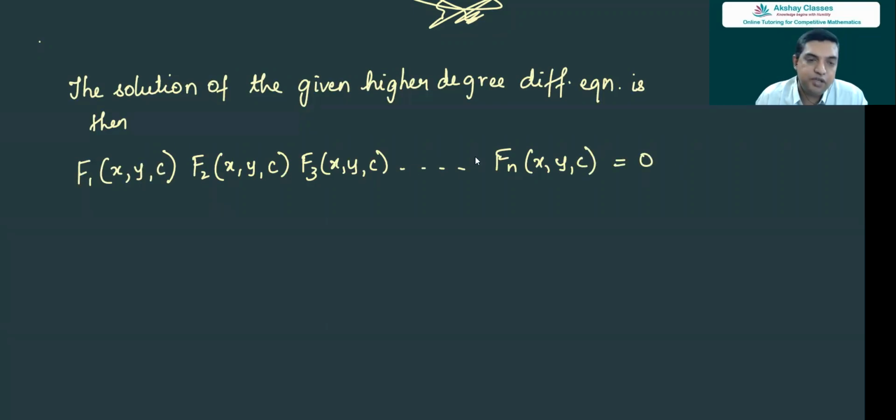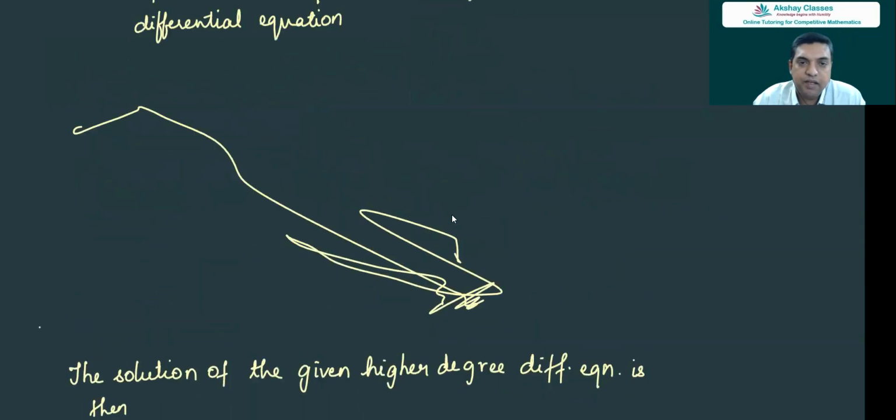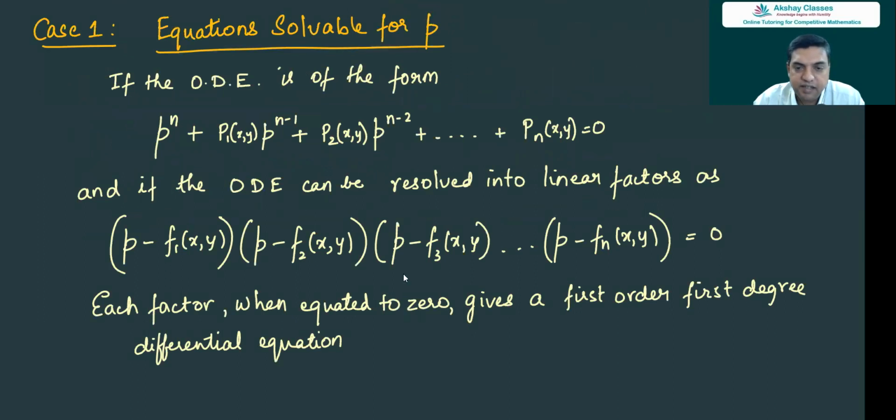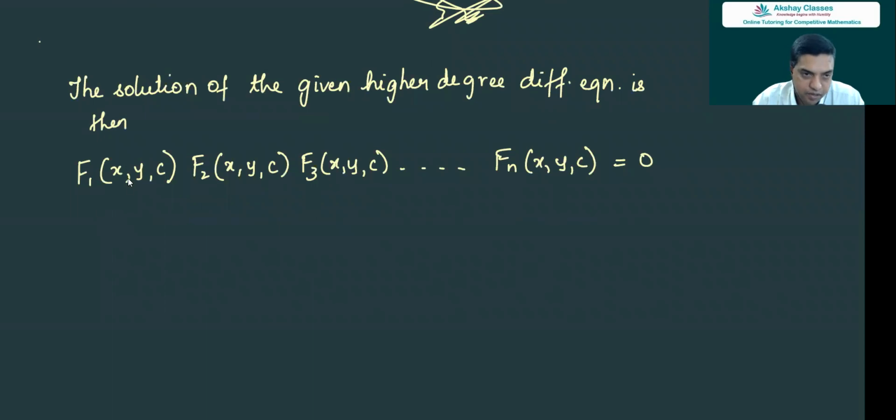So there are n differential equations here: first, second, third, fourth, and so on up to n. So you have solutions for each of these. Note, you have the same constant. Reason? Because it is a first order differential equation. So the order is 1. So the number of constants associated with the solution will be 1 only.